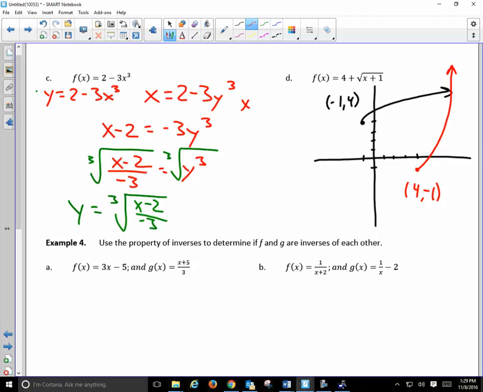We have x is equal to 4 plus the root of y plus 1. What do I do to both sides? Subtract 4. Very good. x minus 4 is equal to the square root of y plus 1. Then you square it. We're just going to leave it like this, and we'll subtract the 1.